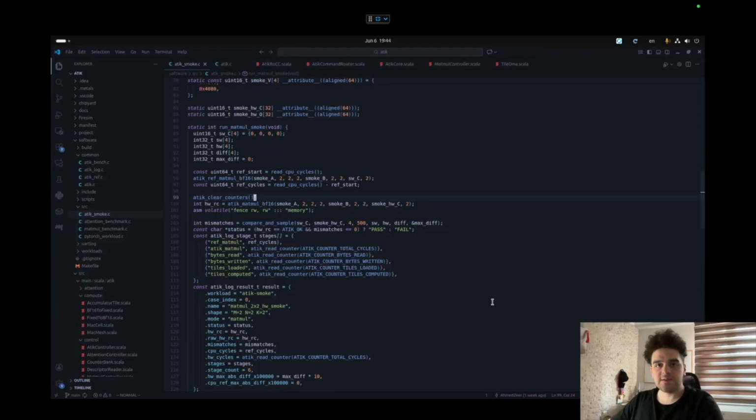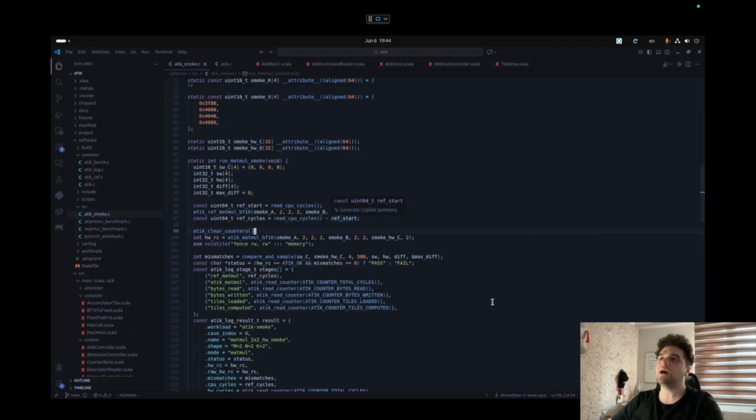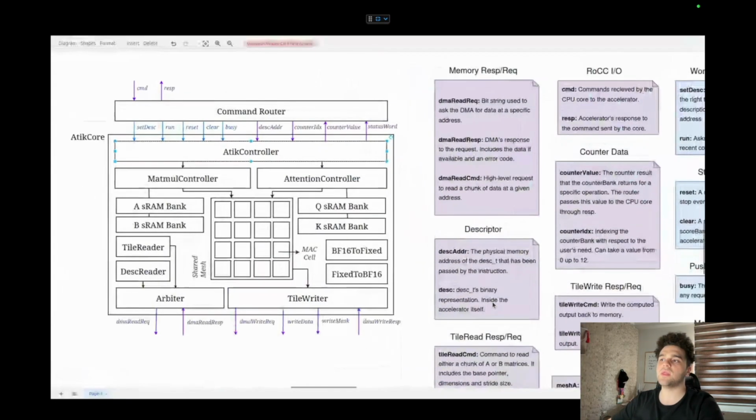Now, to make it easier for us to trace this hardware module and see how it performs in the wild, I have generated the waveform of this workload, which is called Atik smoke, which stands for Atik smoke test. We will run this basic matmul operation, and we will see how the signals are passing through the Atik controller to the matmul controller and to the mesh.